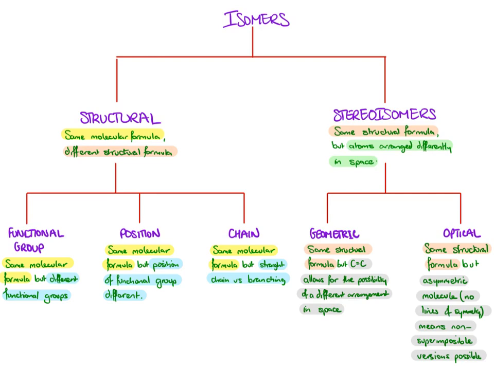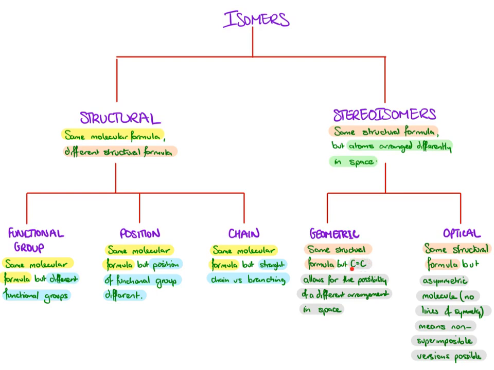The difference between them was that their atoms were actually arranged differently in space, so their spatial arrangement was different. The one we looked at in the AS content was geometric isomerism, a feature of alkenes, compounds with a carbon double bond.